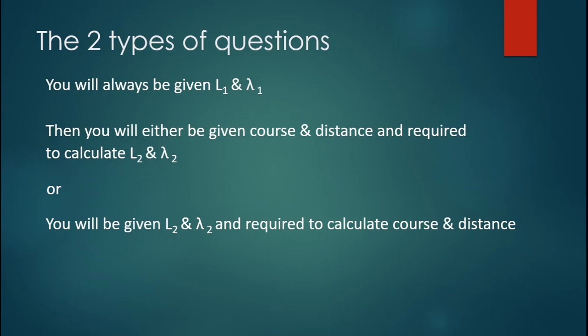We kind of touched on this in lesson 9A, where they gave us a course and a distance, and we calculated L2 and lambda 2. I mean, we did it in a little bit different way. This is a little more in depth here, what we're going into.